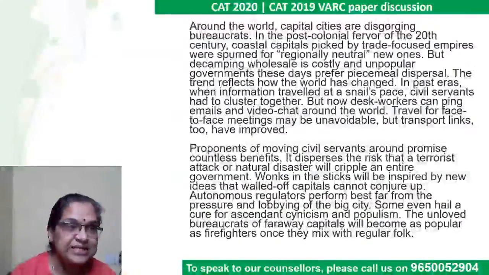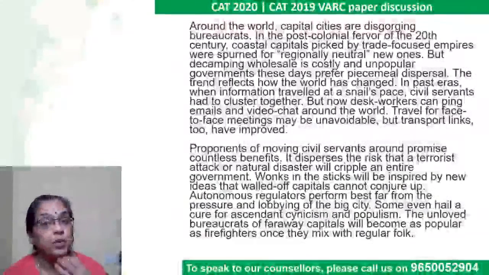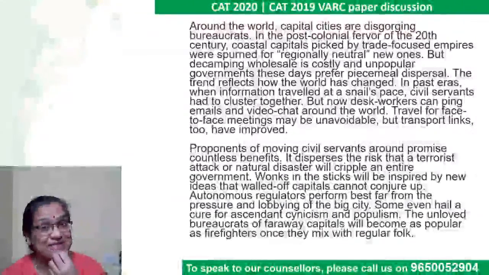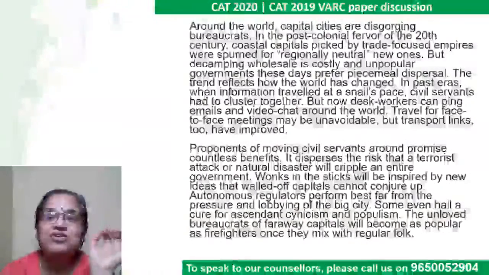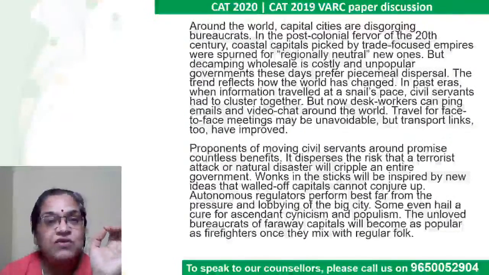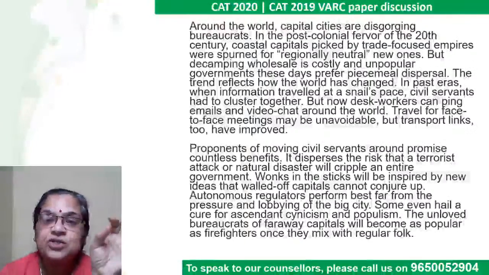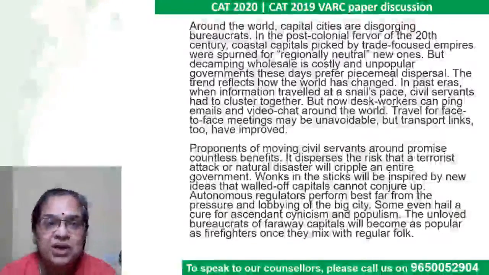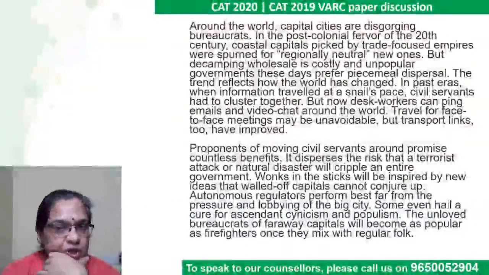Earlier, empires were focused on trade, so they picked coastal capitals. These coastal capitals were spurned for regionally neutral new ones.